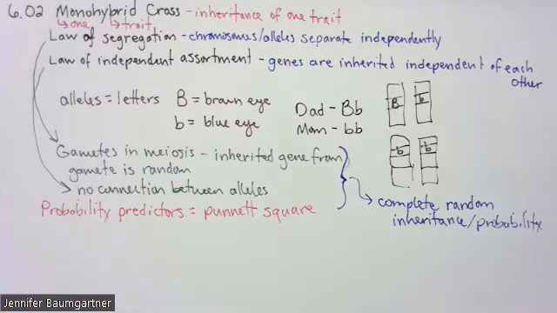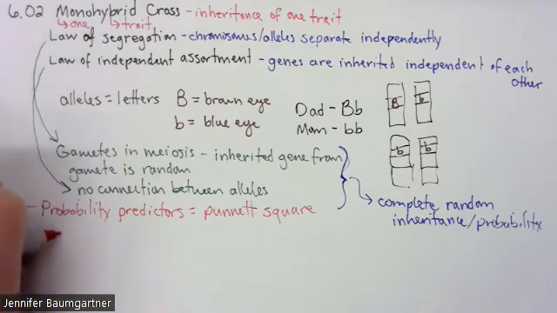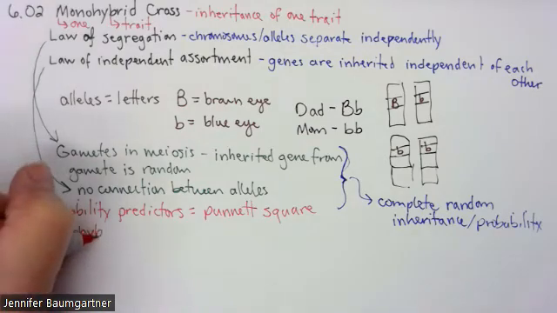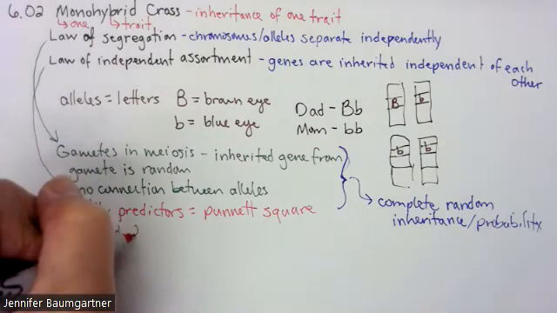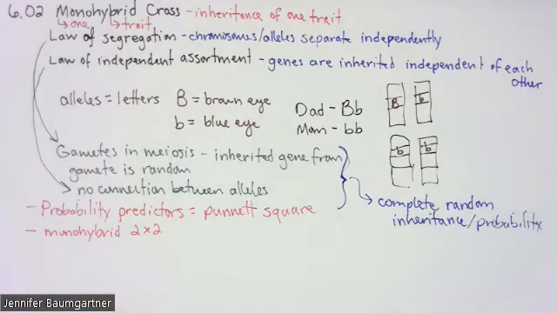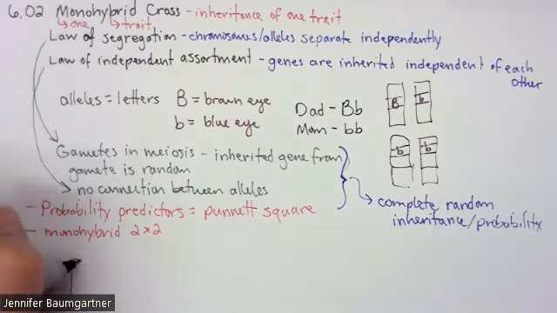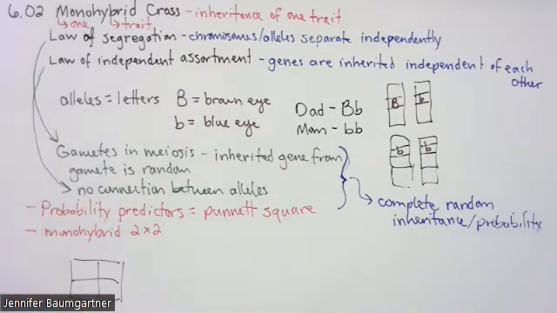So what we will do is we will line up the alleles for one parent, we'll make this box. And for a monohybrid cross, we need a 2x2. So I'm going to create a box here. I'm going to make it 2x2.